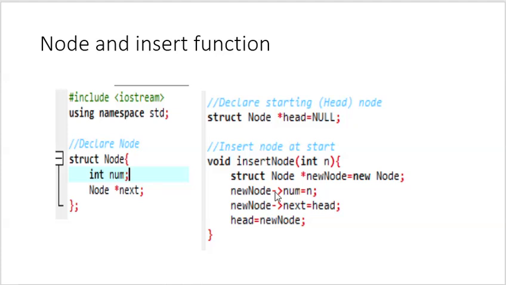So the data of the new node will be assigned n, and its pointer will be assigned head. So head should be equal to the new node. So the head will be pointing to the first node which we have created.